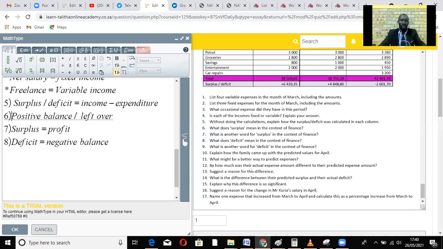That is what we were supposed to have written for surplus equal to that. Yes. Now, that is what we mean by deficit.